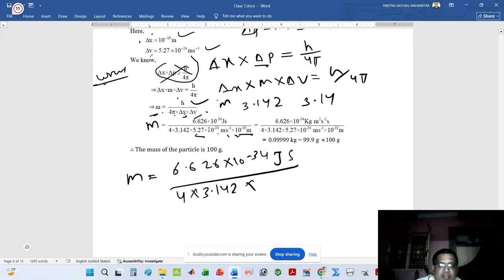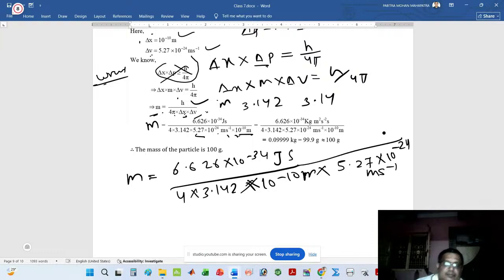Del x is 10 to the power minus 10 meter. Next, del v is 5.27 into 10 to the minus 24 meter per second. This is the value. Now solve this.